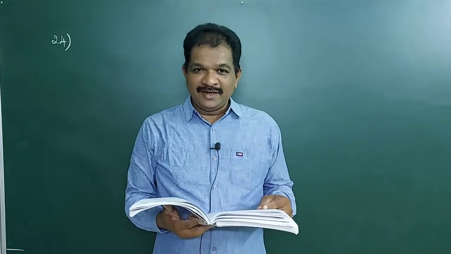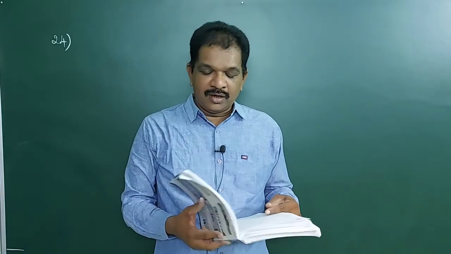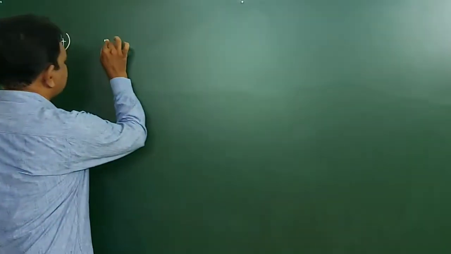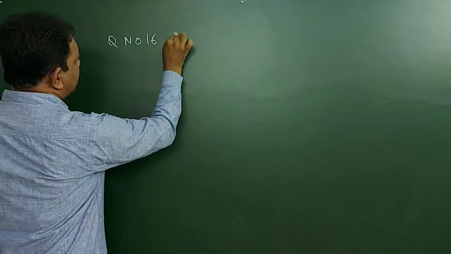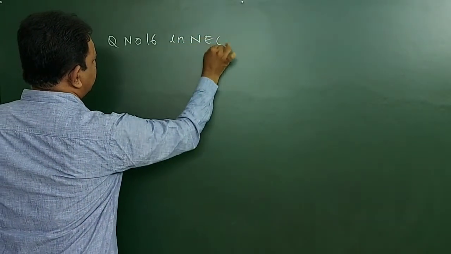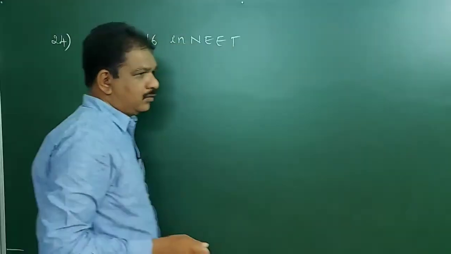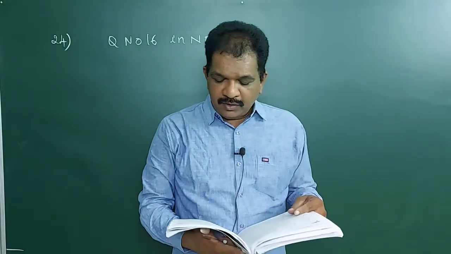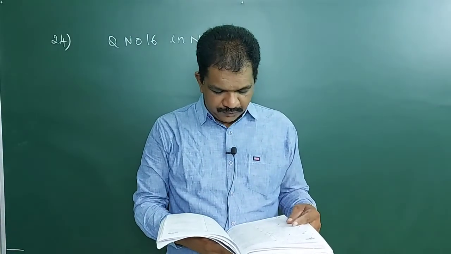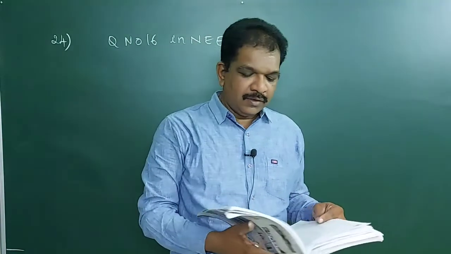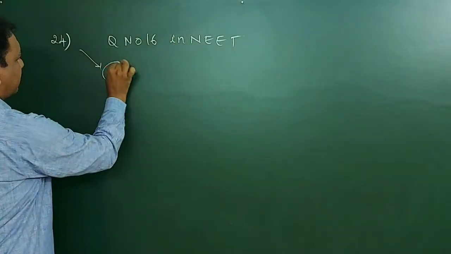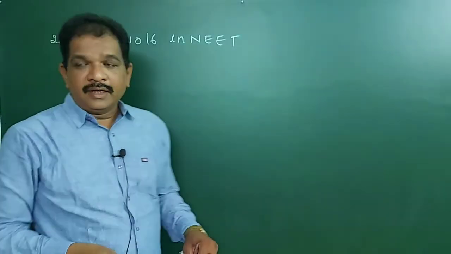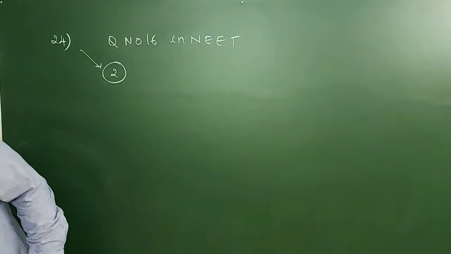Same in the KCET also, we did question number 12, question number 16. Today the first question we did, the same question they repeated. So the option for that will be 1:2. 24 will be the second option. Clear? Next, 25.